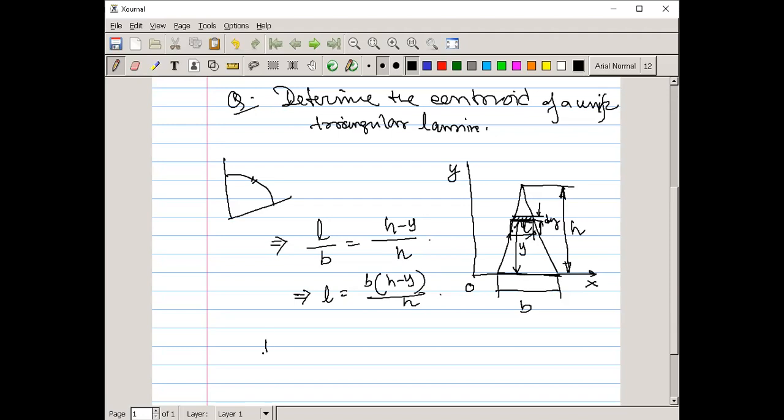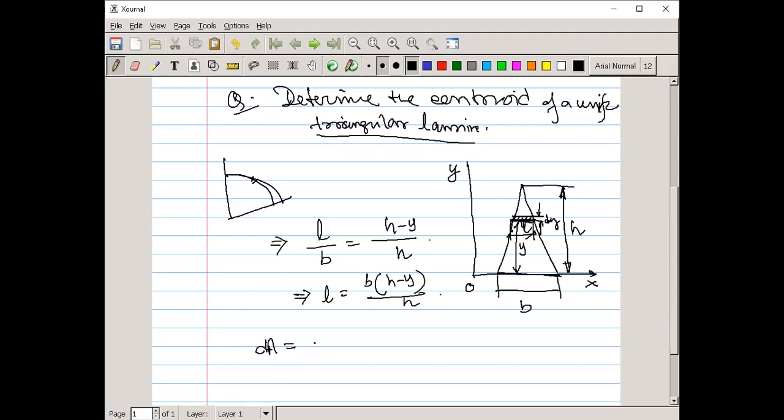So the small area is how much? Remember the previous example in the previous class, that was for a line. And here it is given a triangular lamina, so it is an area. So we have to find the centroid for a triangular area.